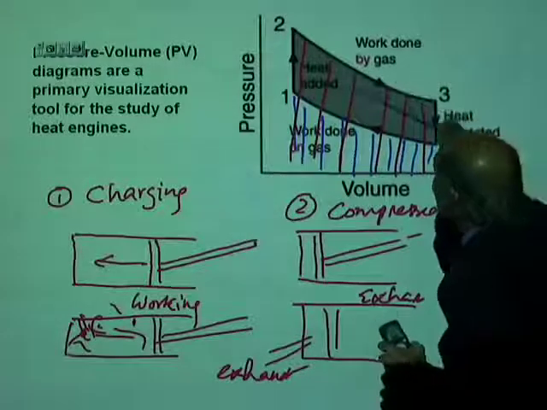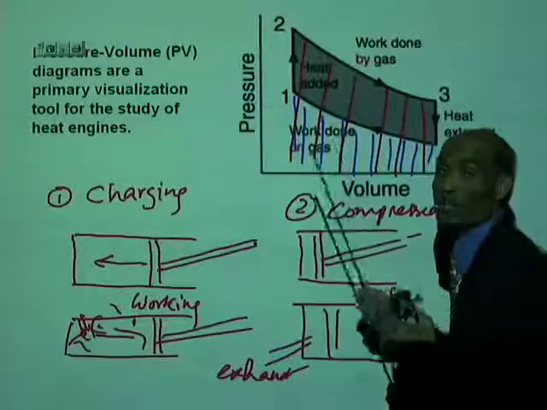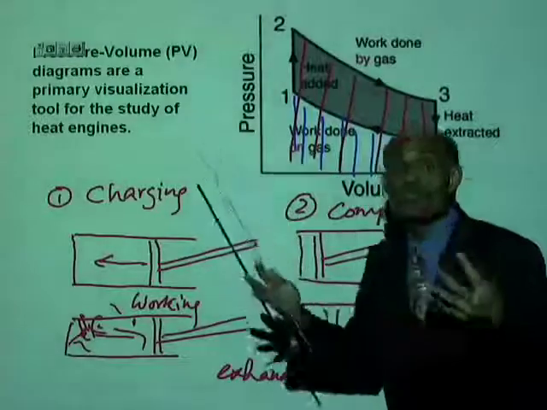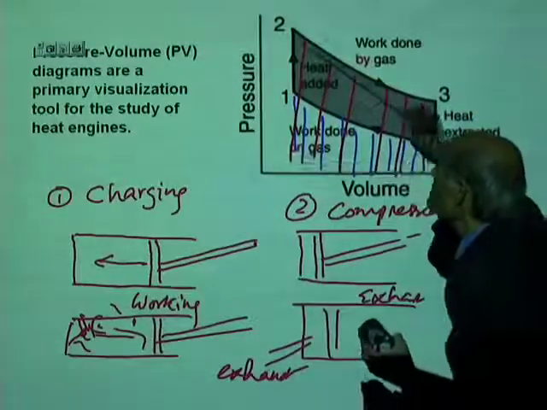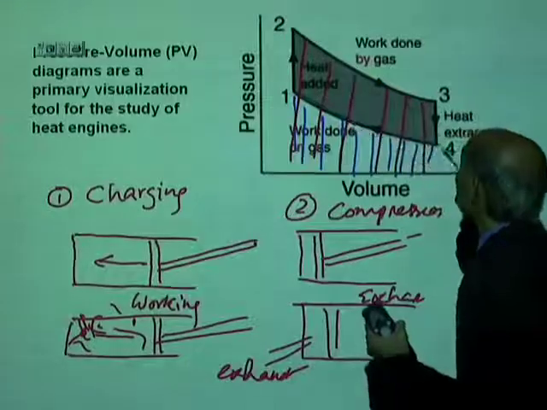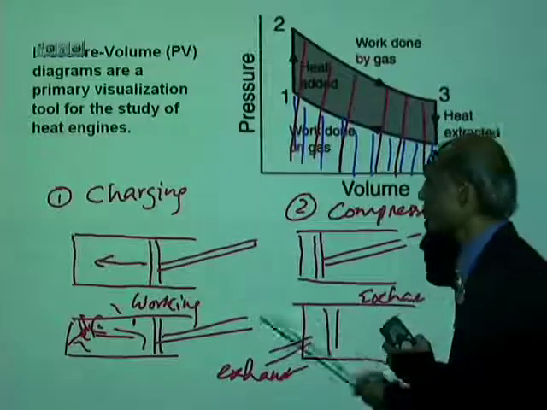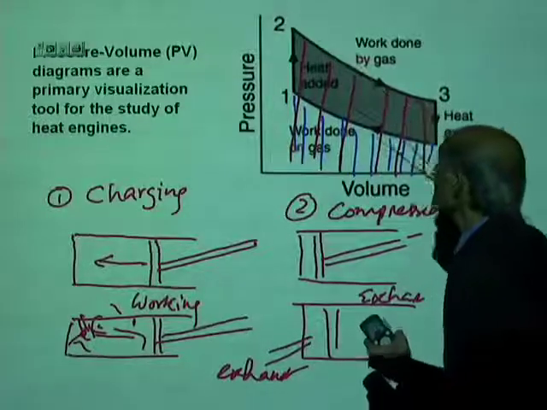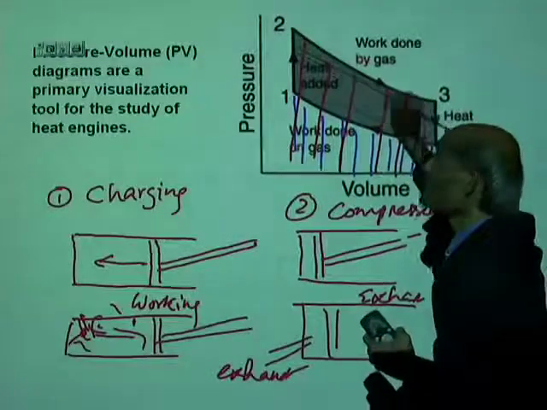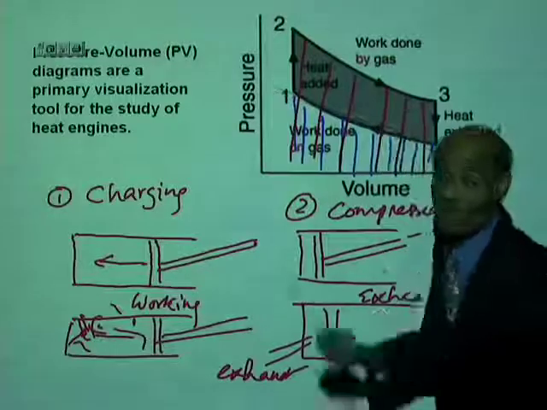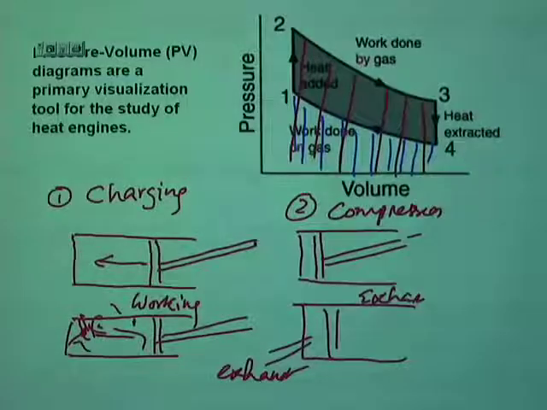Work done by the gas is the red area. Therefore, what is the useful work done? It's the difference between the two, and that is the area shaded. So during this 4 cycle, the useful work done by your car engine is this. Okay, let's move on.